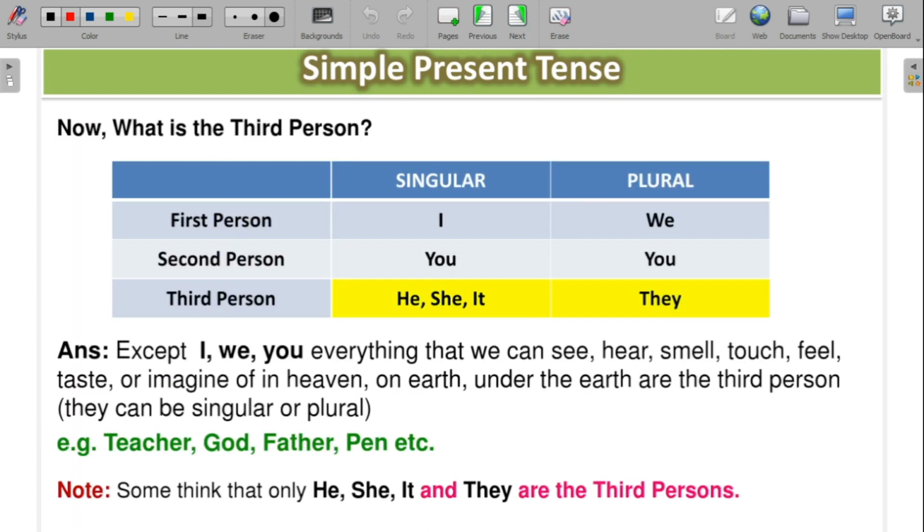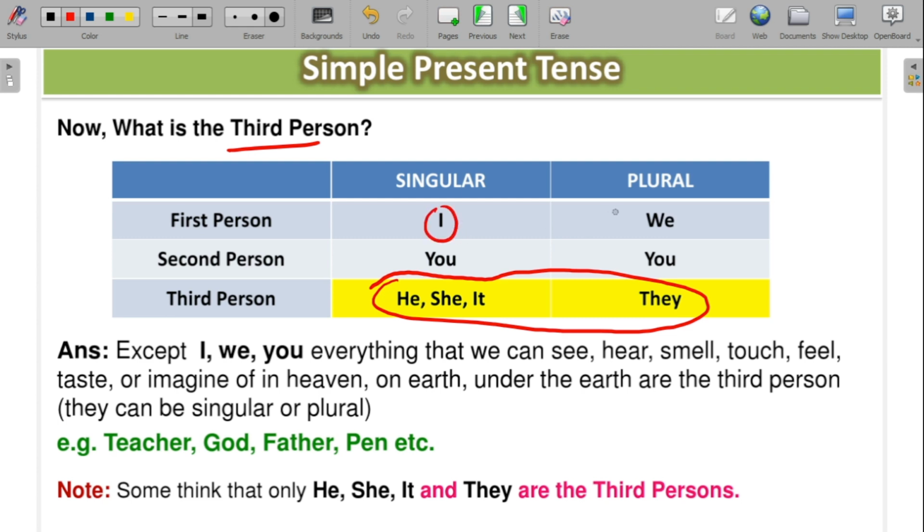Here the question is, what is third person? Now you see the yellow highlighted things are third person. Except I, we and you. Why you? Both singular and plural are you only, so we can take it as a single you.